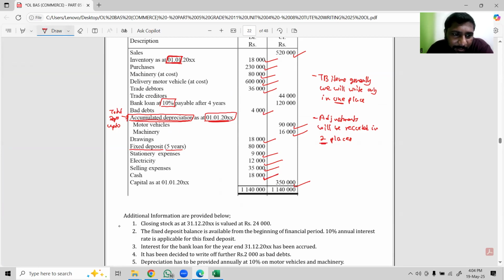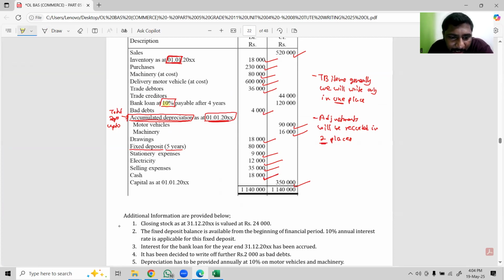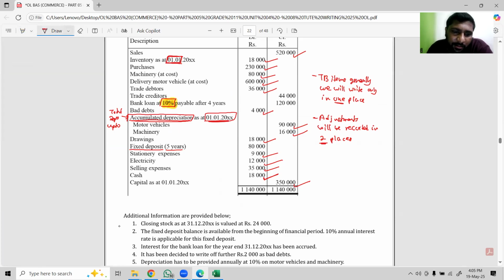So highlight and keep that 10%. You have to remind me at last, because it's a hidden adjustment. Most of the times in your paper, this hidden adjustment is there. They will not tell anything, and we have to think and do that hidden adjustment.